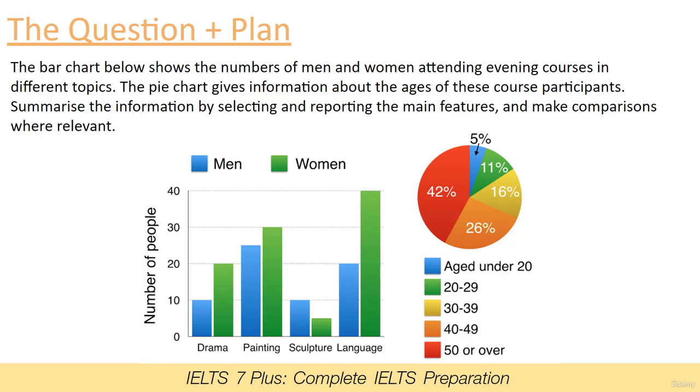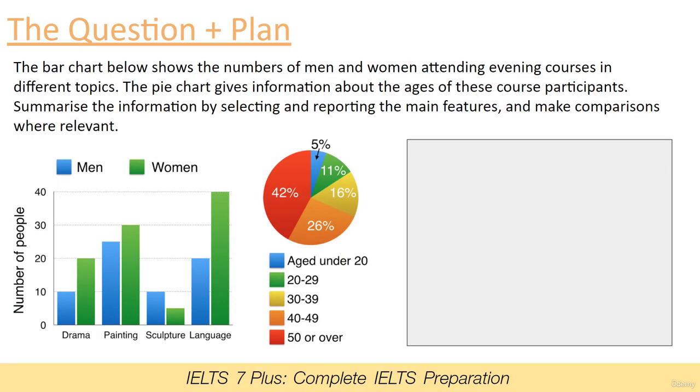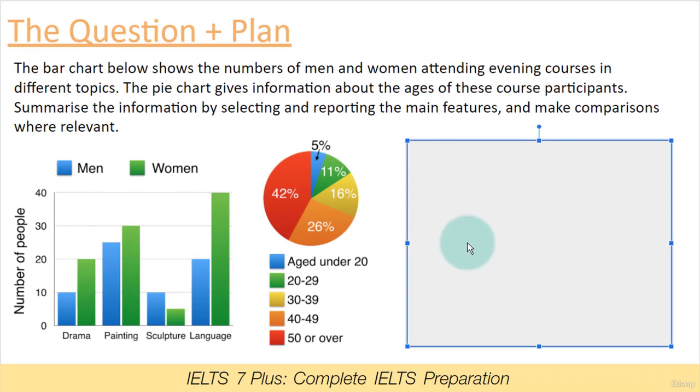So let's go on to our plan now. Thinking around our plan, there are a few things that I could probably do in terms of grouping, but the first thing that really comes to mind, and often the first, most obvious, most simple is the best grouping, is quite simply to have group 1 as bar chart and group 2 as pie chart.